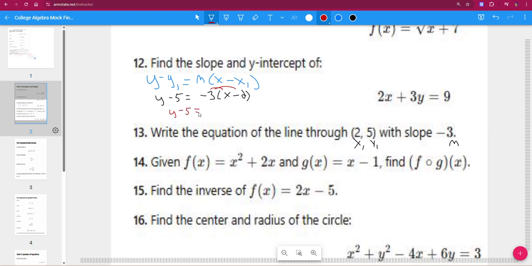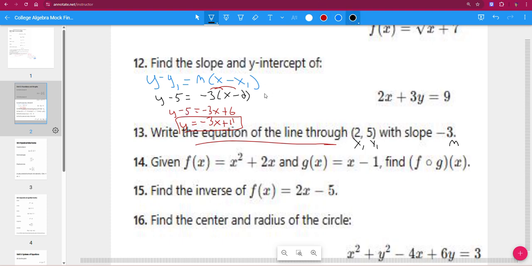So if I distribute, then add 5 to both sides, I get y equals -3x plus 11. So the equation of the line is this right here. And that's y equals mx plus b, the slope-intercept form.